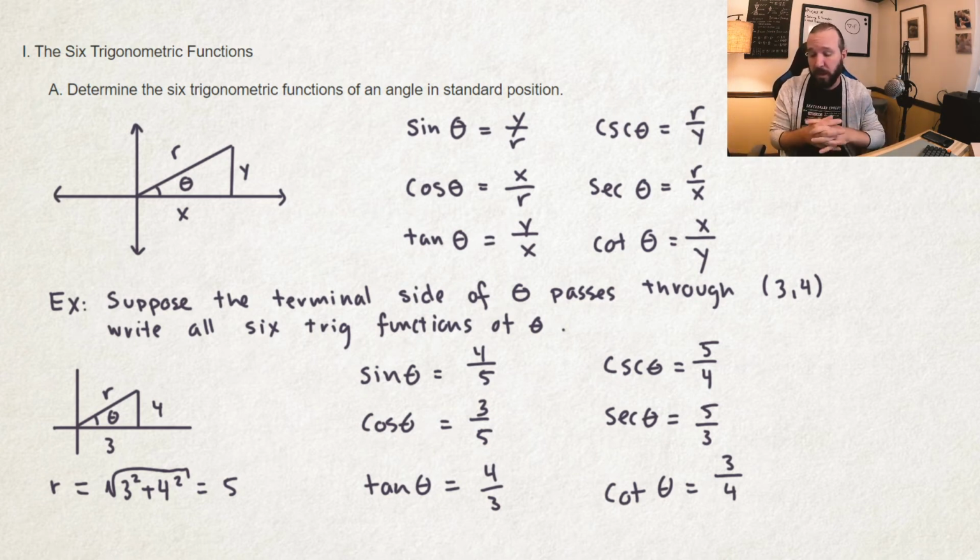So I put those here, and I put the little picture that goes with it. So there, I've done that, summarized any important concepts. And then I came up with an example problem. So we have an angle in standard position, and it passes through the point (3,4). And then I just did a little Pythagorean theorem and worked out all 6 trig functions that correspond to that angle.